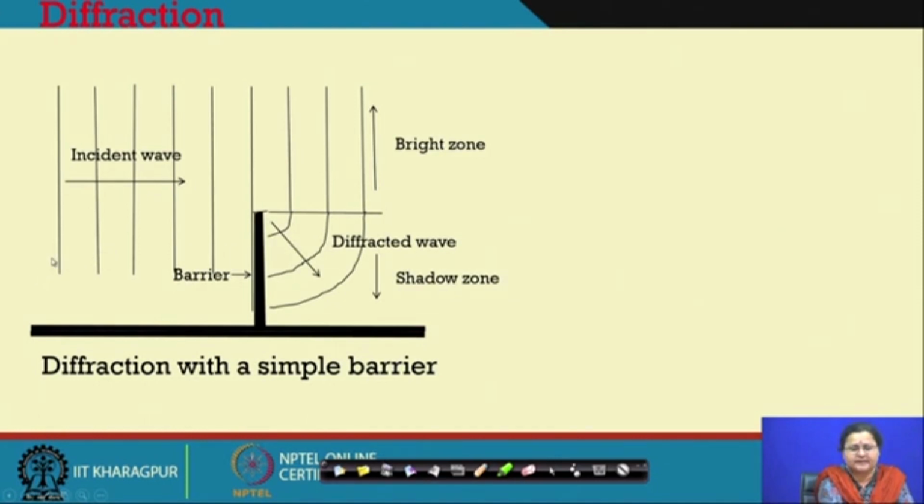But what happens? This upper part, which is moving by compression and rarefaction, is not present in this particular zone. This particular zone is devoid of it.